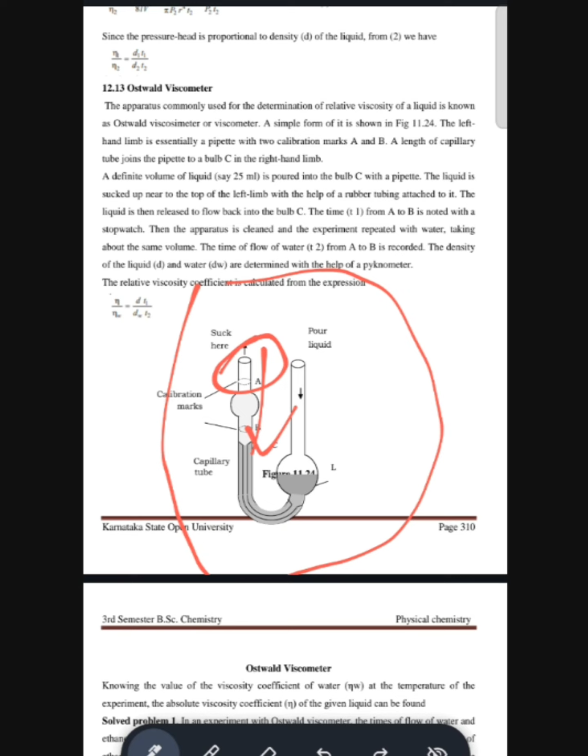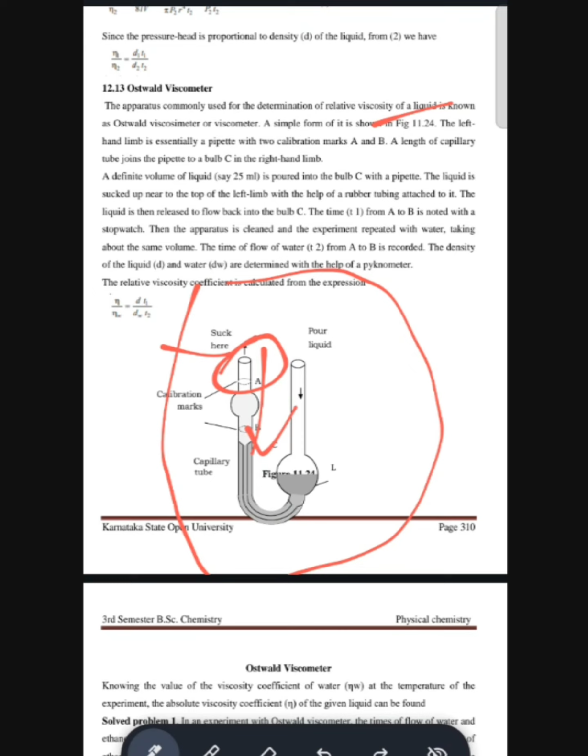P is the pressure you apply, r is the radius of the tube, and L is the length of the tube. The experimental measures of P, r, L, and V will be considerably different for each instrument.